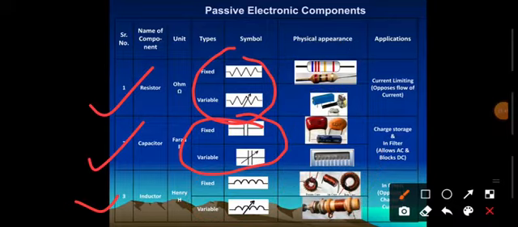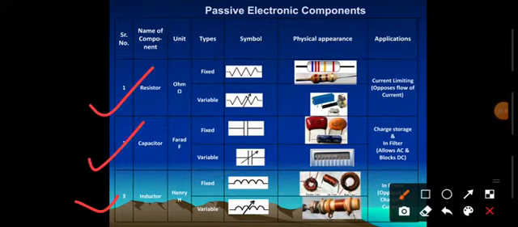If you see the second component, capacitors, various types are there, like polyester capacitor, disc capacitor, and electrolytic capacitor. The electrolytic capacitor is cylinder type and has polarity, meaning plus and minus. We have to check the polarity of an electrolytic capacitor before using it in any circuit.